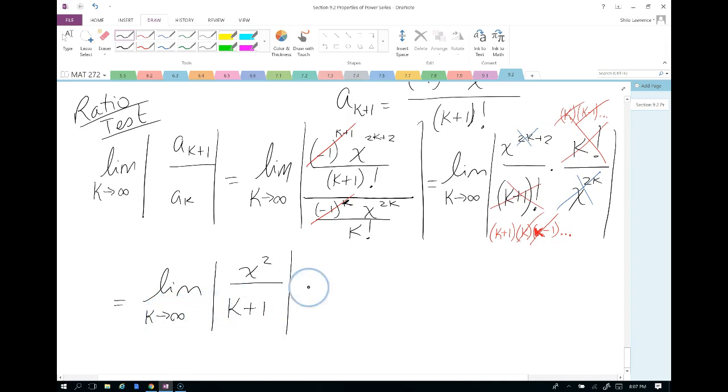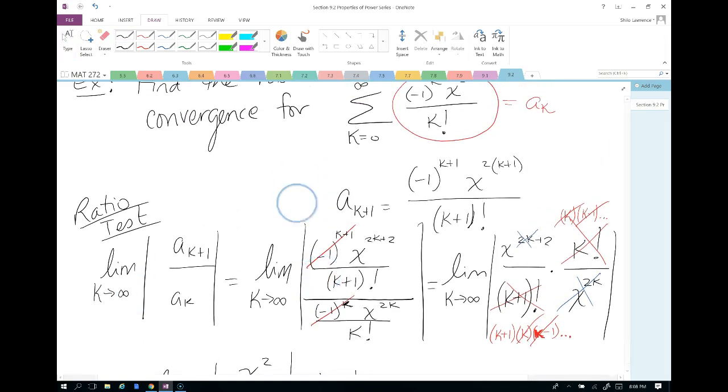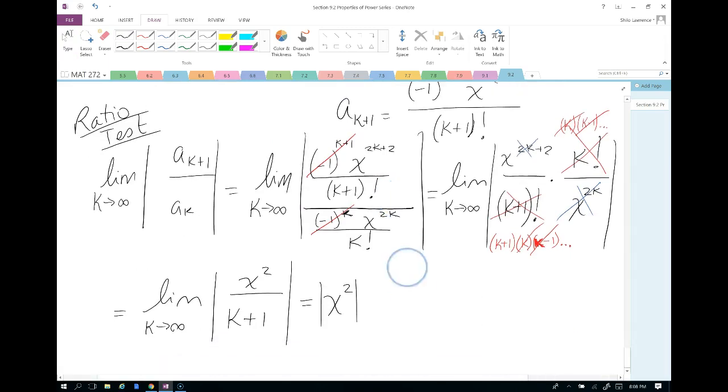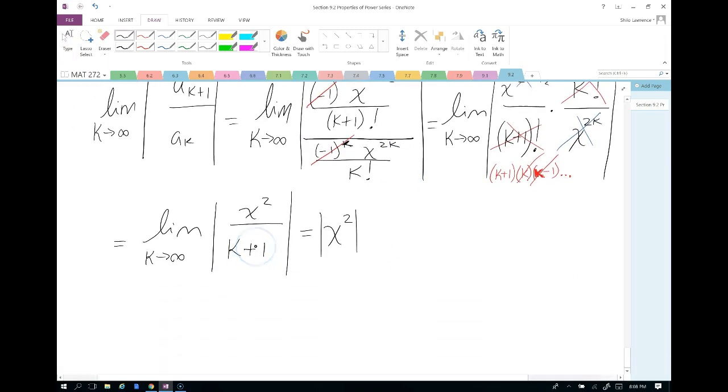And as k approaches infinity, remember, if you want to, you can pull the x out, and since it's squared, we really don't need the absolute values with it, but that's the whole reason the absolute values are in this problem. K is only ever going to be positive if you look back at our original summation. K goes from 0 to infinity, so we don't ever have to worry about k being negative, but it is possible that x is negative.